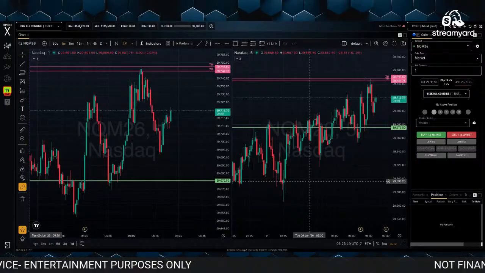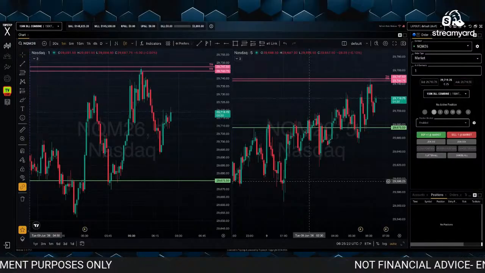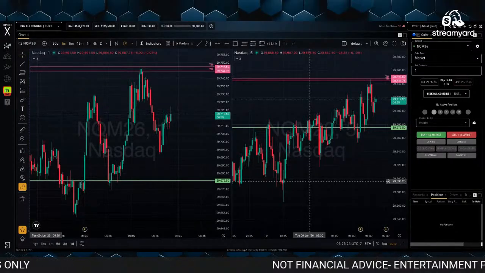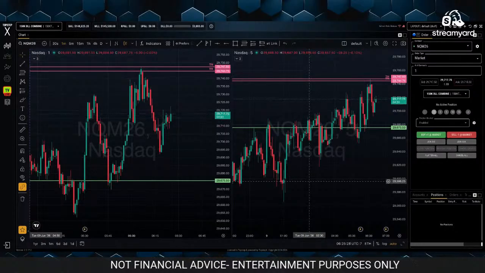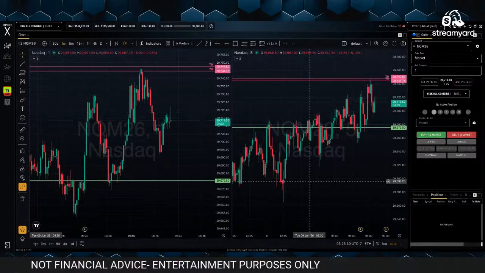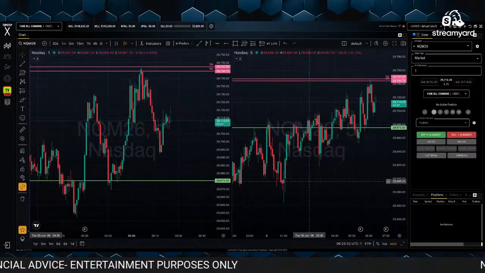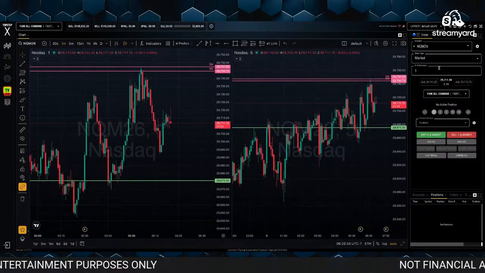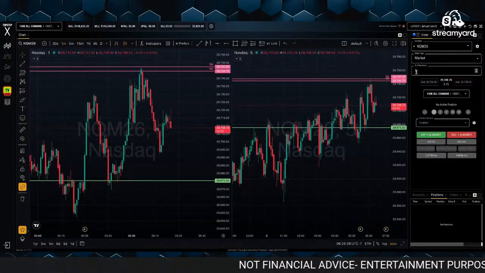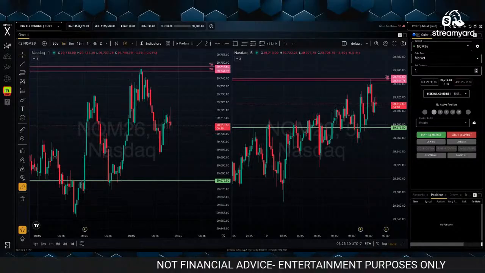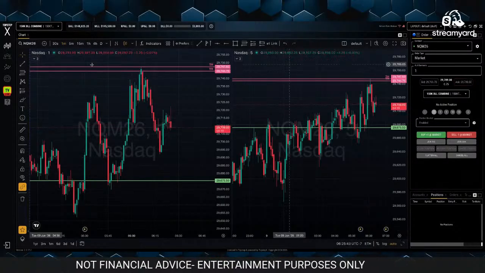Once it gets to 75 points, I start looking to trail, and I can show you that while I'm in my trade as well. And one mini is $20. You can go smaller if you want to risk less.